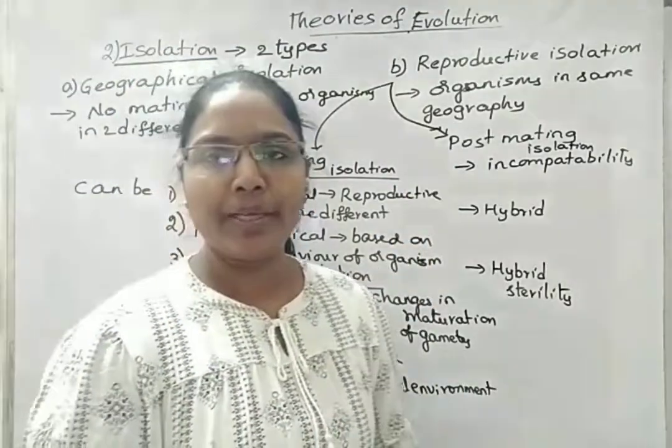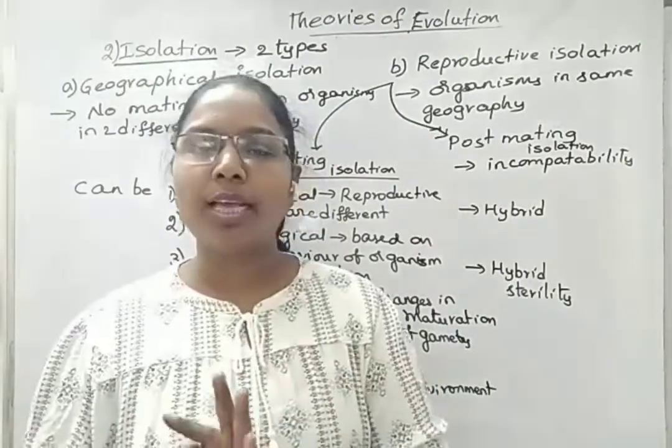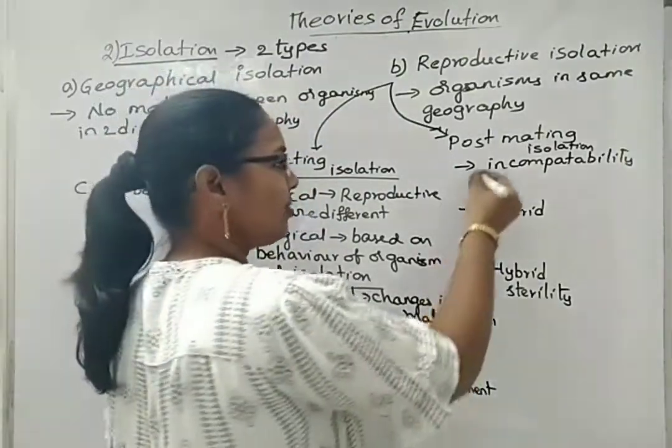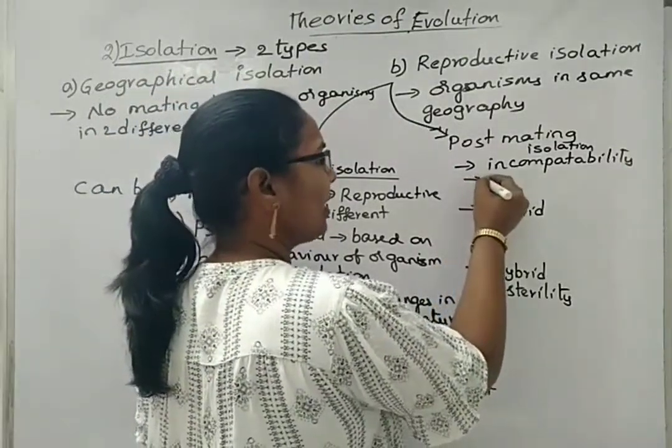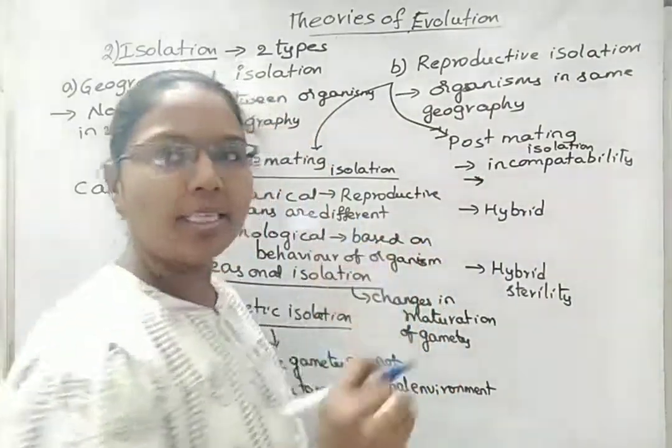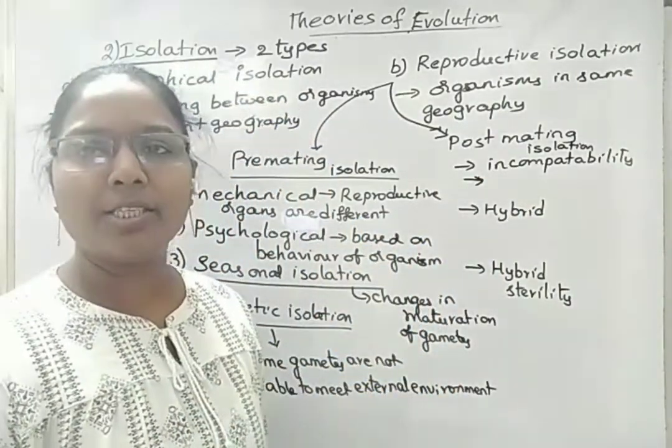Next one, post-mating isolation. The gametes have been fused, and next the zygote has to be obtained. This is of three different types. One is that the gamete gets matured and tries to fuse, but fertilization does not happen.